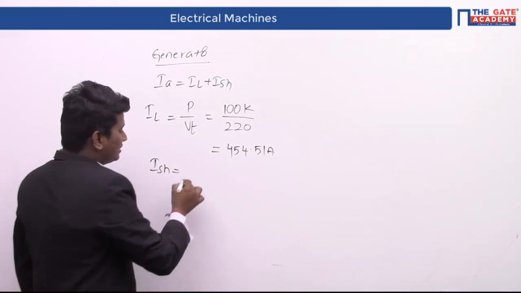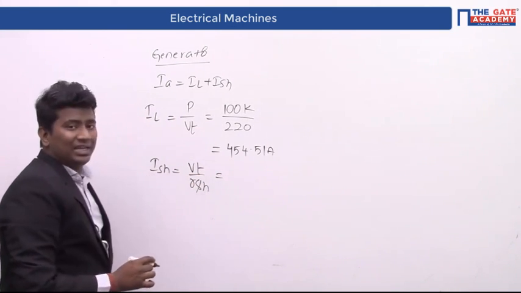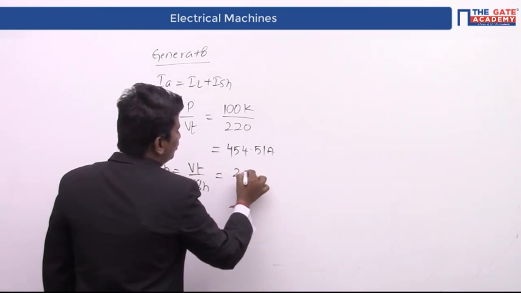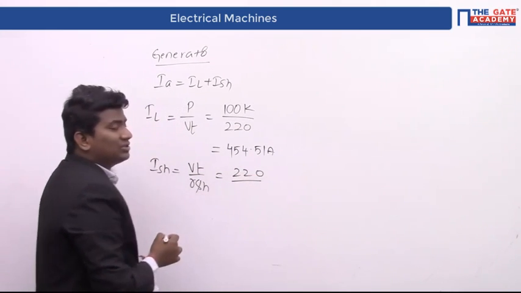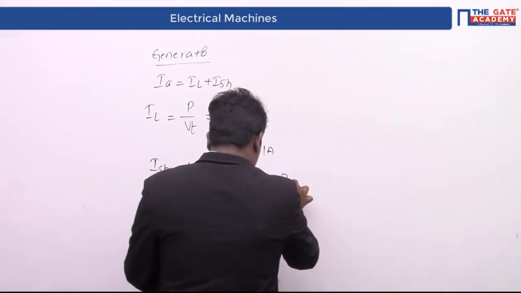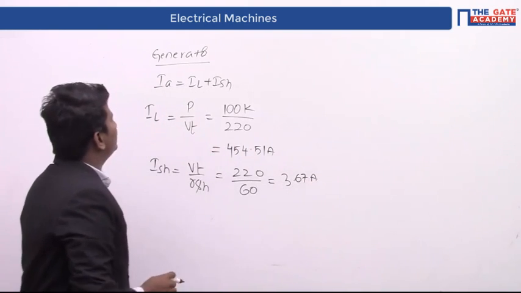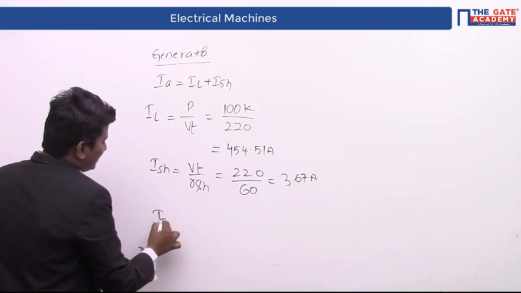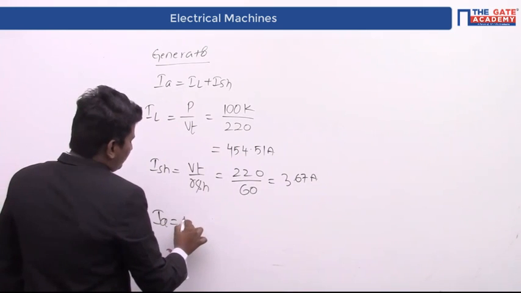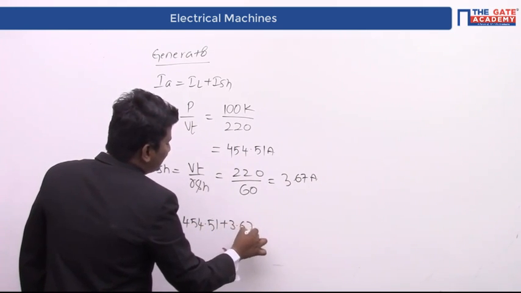What is your shunt field current? Shunt field current is VT by RSH. This terminal voltage is 220 volts and RSH is given as 60 ohms. So this current is 3.67 amperes. Therefore, from that equation, IA is equal to 454.51 plus 3.67.